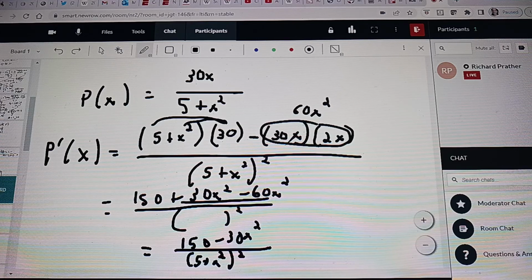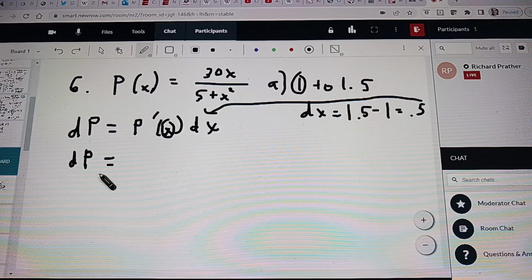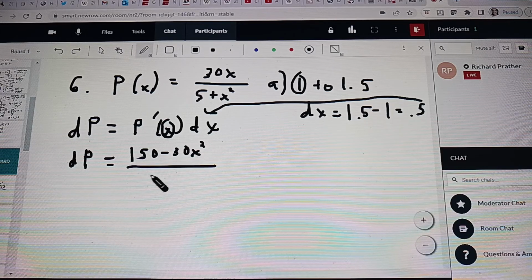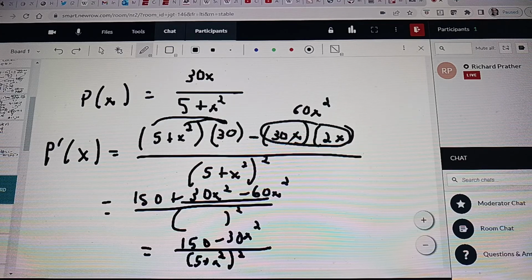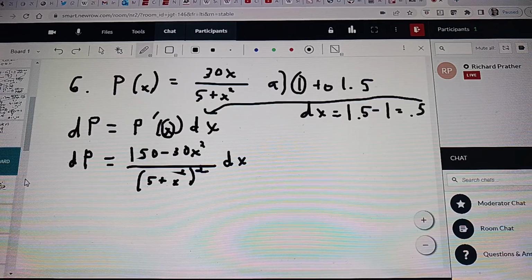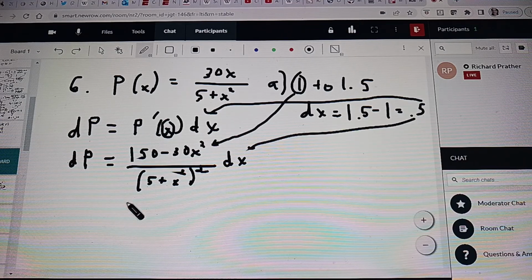So 150 minus 30x squared over 5 plus x squared, squared, times dx. This is the setup in general. So now we're ready to plug 1 in for all the x's, and we plug 0.5 in for dx.